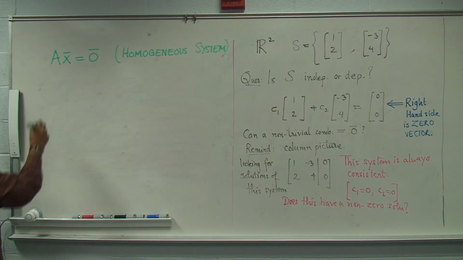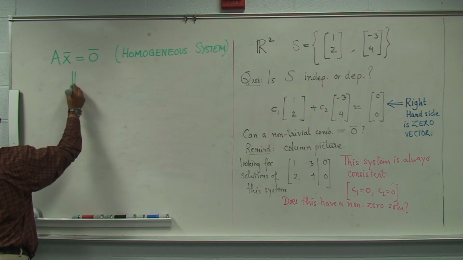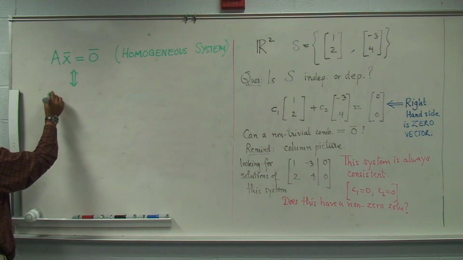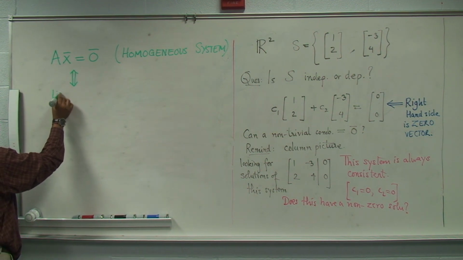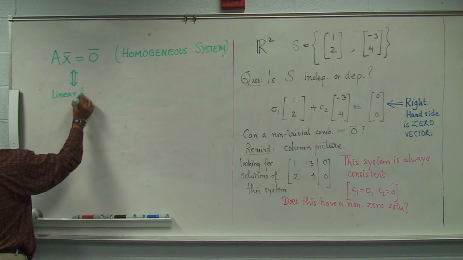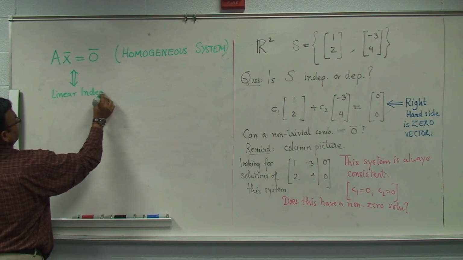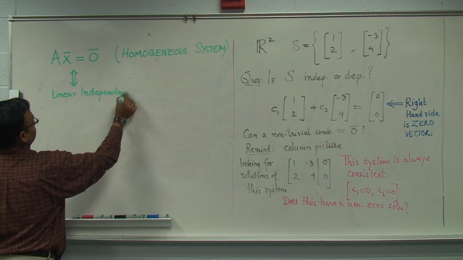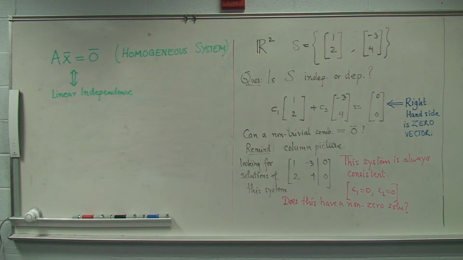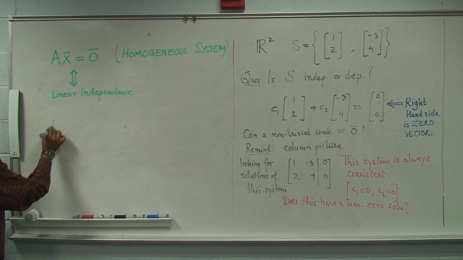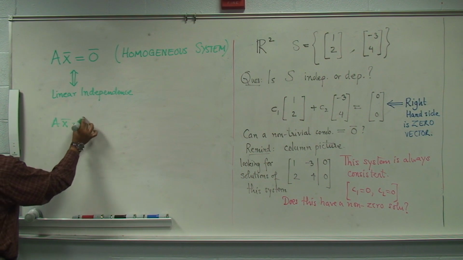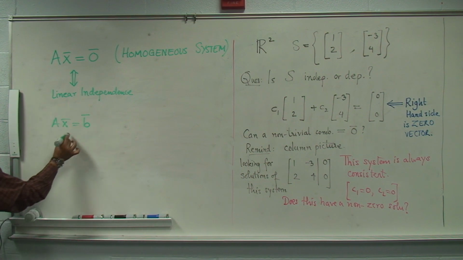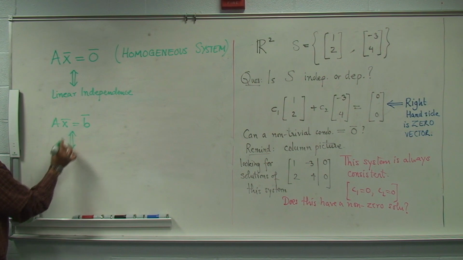So what we are saying is that the solution to this homogeneous system is tied up with the concept of linear independence. Likewise, we had seen that the solutions to Ax equal to b was tied up with the concept of the linear span.